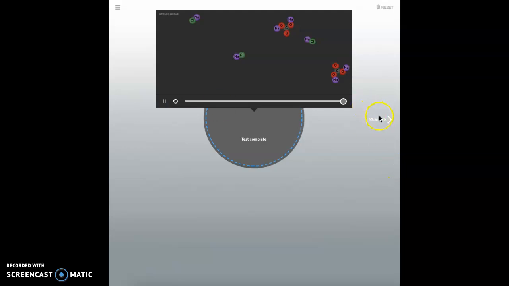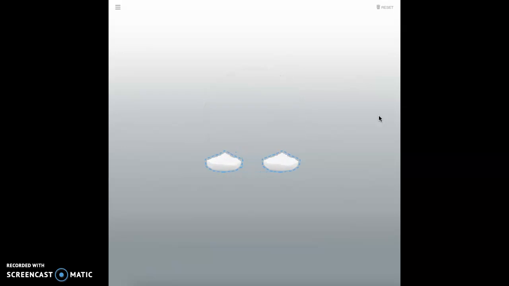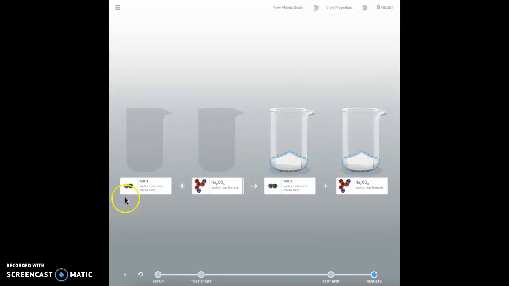Okay, let's go to our results. So I want you to think about what happened when we combined those two substances. Our reactants, or what we started with, is NaCl, sodium chloride, or table salt, and sodium carbonate, Na2CO3.